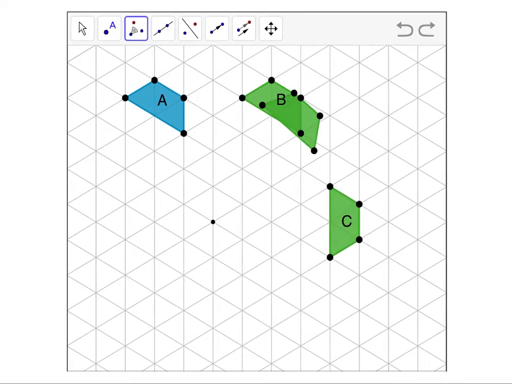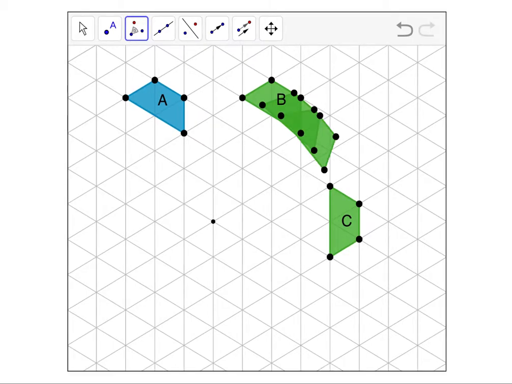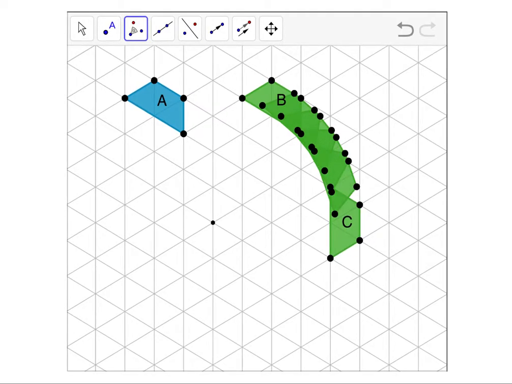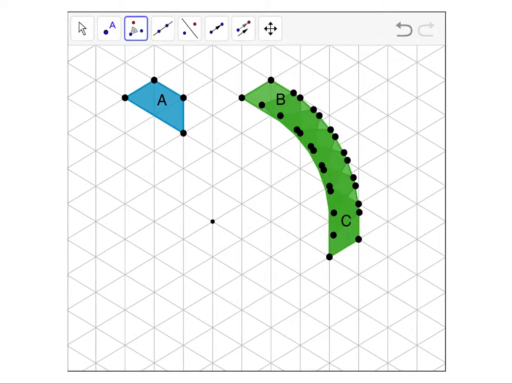And again, I'm using the same app. If I use, I think this was 15 unit increments. I can't remember right now. This might have been 10. The other one I think was 15. So if you rotate this image around, eventually it will fall right on top of C. So that is a 60-degree rotation.